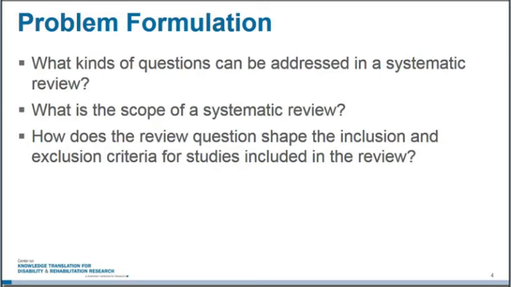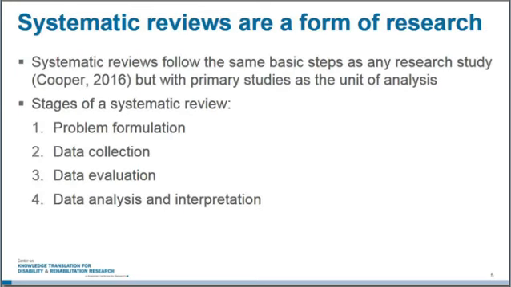Okay, I'm going to have slides a little bit out of order, so I'm going to start here and talk about systematic reviews itself. So systematic reviews are, just like primary studies, a form of research, and they follow the same basic steps as any research study, but with primary studies as the unit of analysis.